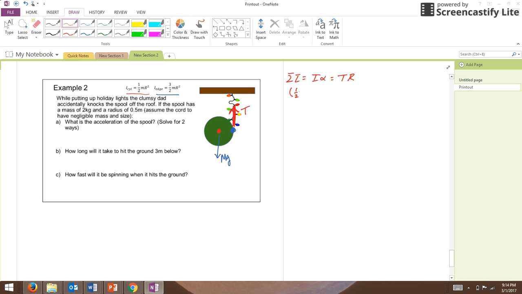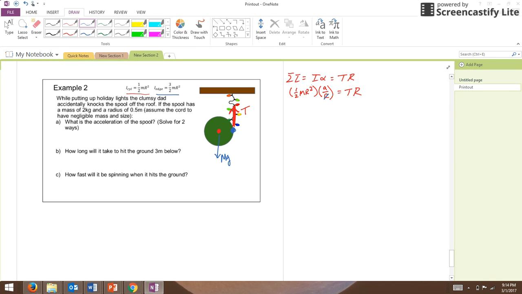Again, we substitute in our moment of inertia, 1/2 mr squared, and also put in a over R, just like last time. All of the R's are going to cancel.